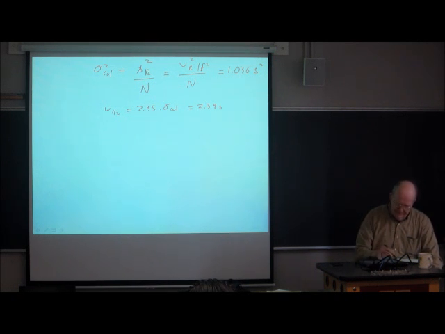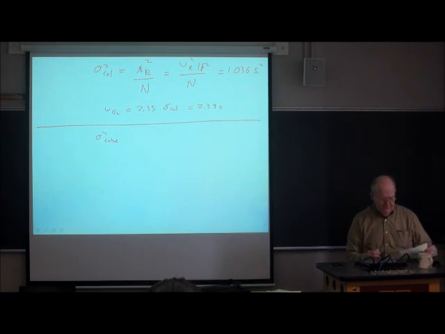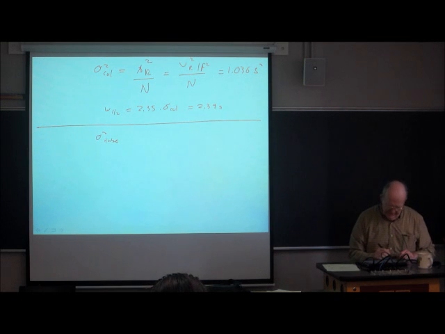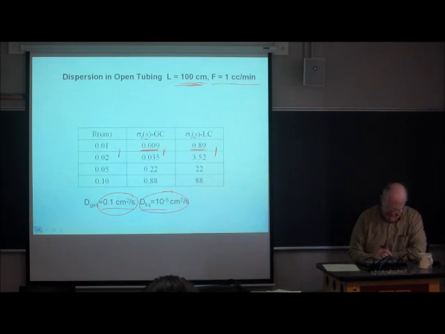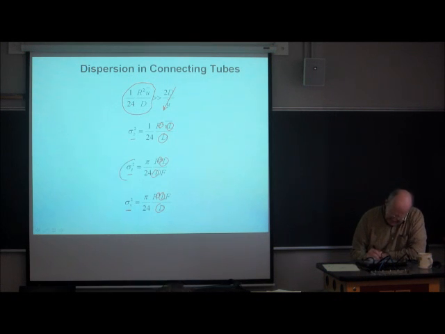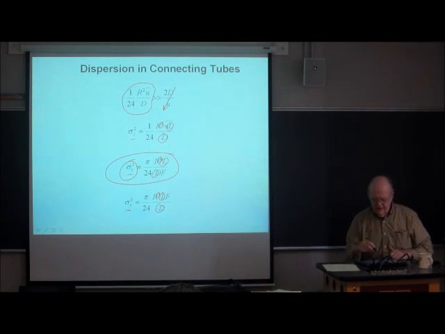That's the first part. The second part is to calculate the sigma squared of the tube. I'm going to do that since I'm working in time units. That's the one in time units, so I'm going to use this equation. So it's pi over 24, r to the 4th, L over d times f.